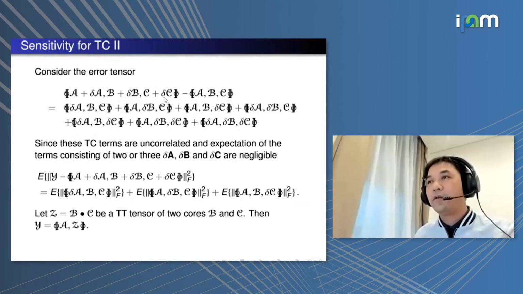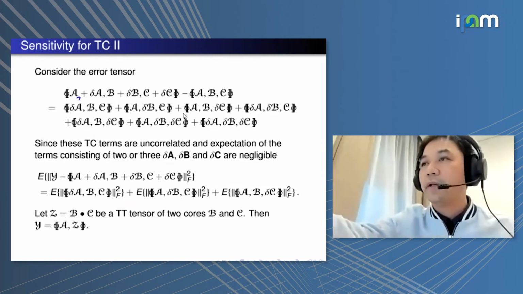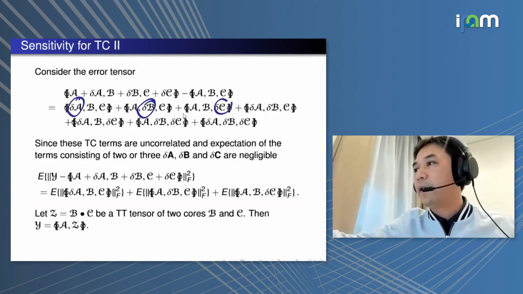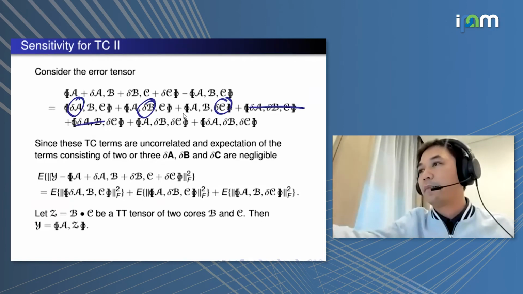So let's go a little bit further from the definition of the sensitivity for the tensor chain. We can expand this expression. You have 7 terms, and we only consider the first 3 terms because they depend only on delta A, delta B, and delta C, and the rest we can skip.